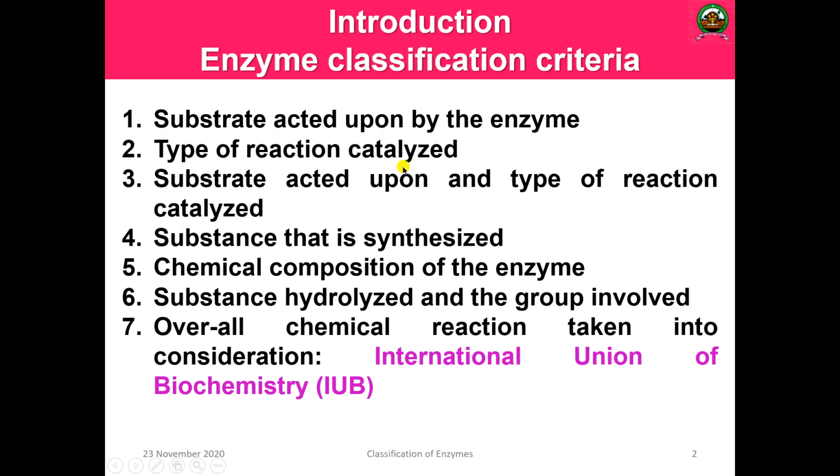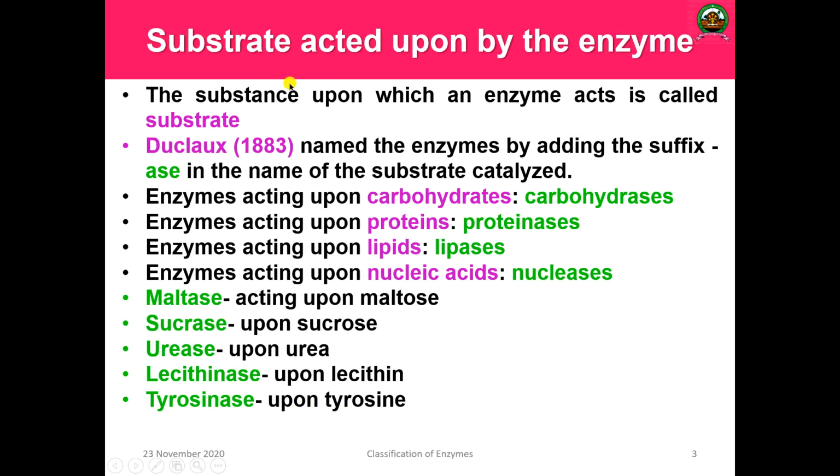The first one is the substrate acted upon by the enzymes. Any substance upon which an enzyme acts is known as the substrate. In 1883 a scientist called Duclos named the enzymes by adding the suffix ASE to the name of the substrate catalyzed.